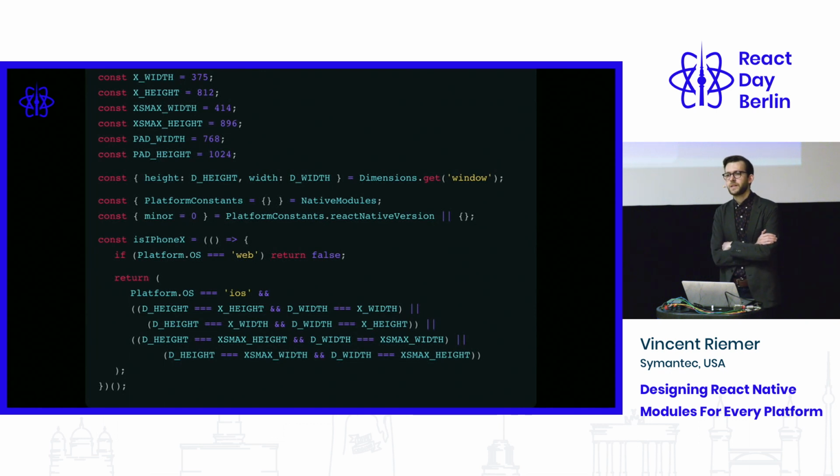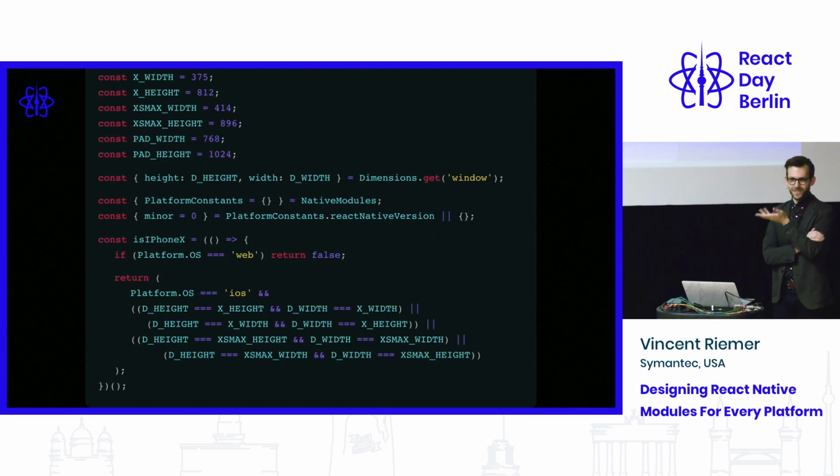So this is an example from the React Native safe area insets code. It's kind of a nightmare. It's the way to figure out how much space to add for the iPhone 10, specifically by checking the width and height of the screen and being like, oh, that's the correct width and height of an iPhone 10, it must be an iPhone 10. This is kind of absurd to me.